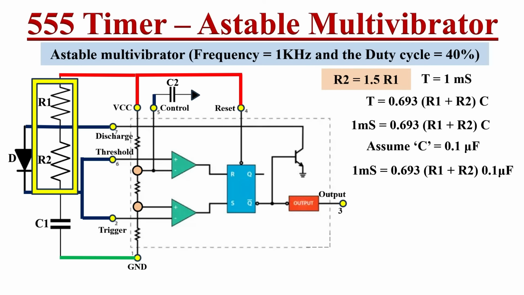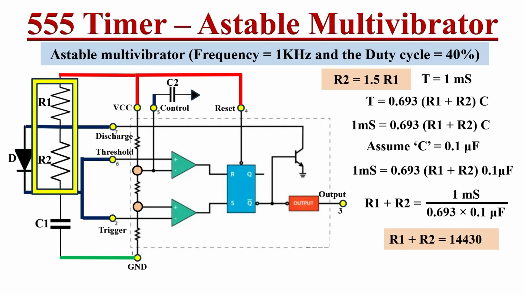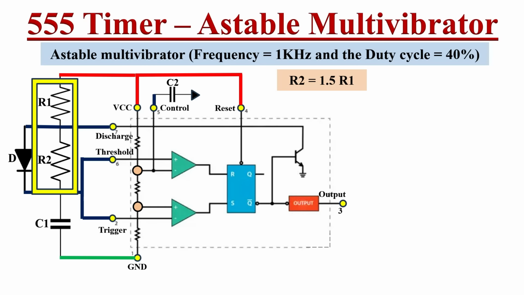Let's simplify this equation. R1 plus R2 equals 1 millisecond divided by 0.693 into 0.1 microfarad. After doing division, we will get R1 plus R2 value as 14,430. So here we got two equations. R2 equals 1.5 R1 and R1 plus R2 equals 14,430.